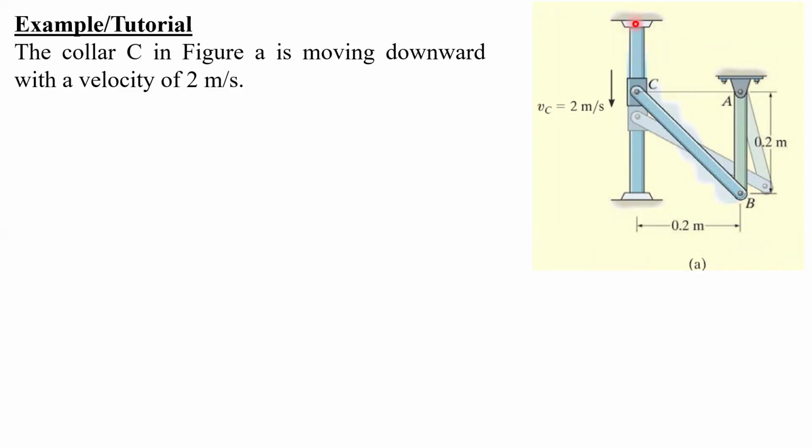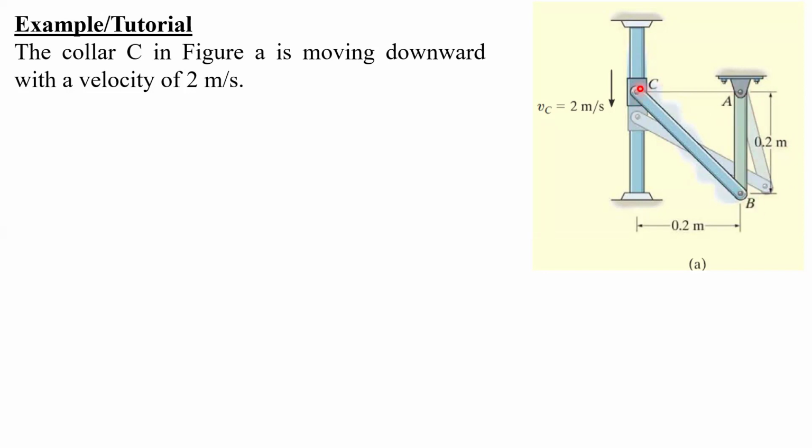Point C only moves downward with a velocity of 2 meters per second, and point B will move towards the right and then upward. This arm, AB, will be making rotational movements.